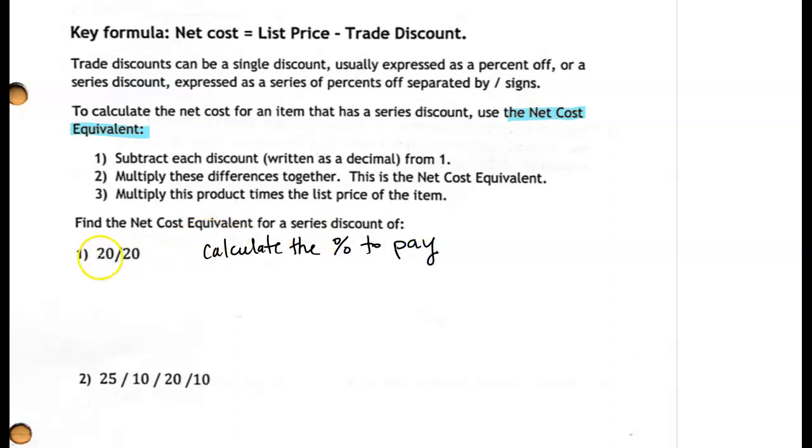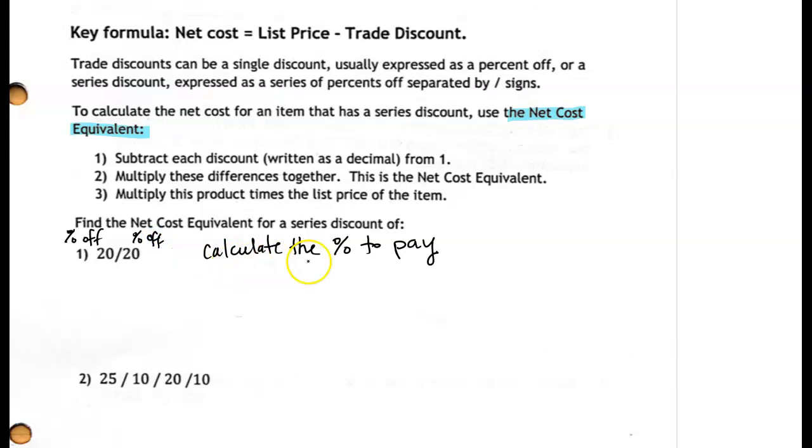So when they say this is a series discount, it means that you have two discounts, one right after another. First, you're going to have a 20% off, and then another 20% off after that. So these are the percent that you're going to be deducting from the price.